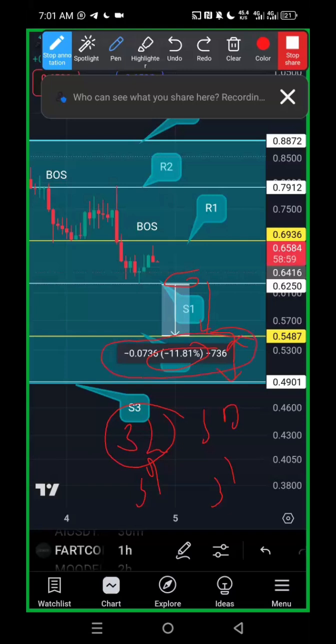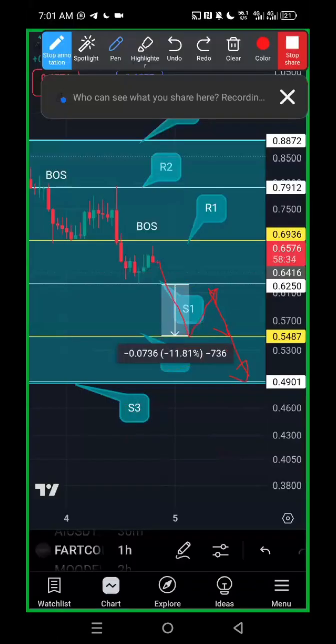Since the robot has bought all this, of course, the price will come here. You're going to expect some movement of retracement, back to S1. Now, in the next movement, if it is a continuation of the downtrend, you should expect another movement of this nature, which happened here.